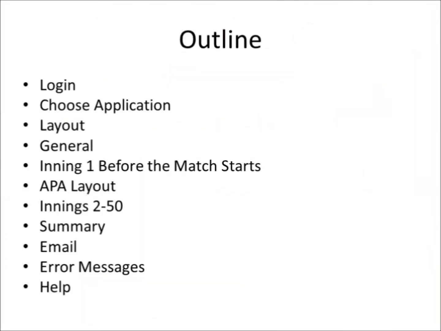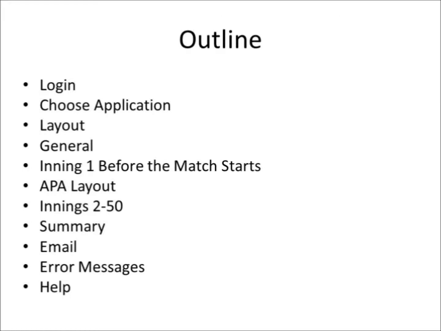This is an outline of what we'll cover in today's video. We'll start at the very beginning with the login, choose the application, the general layout of the innings, the general concept of how the app works, some tips on what to do before the match starts. Also show you the APA layout, how it varies just a little bit from the amateur layout.